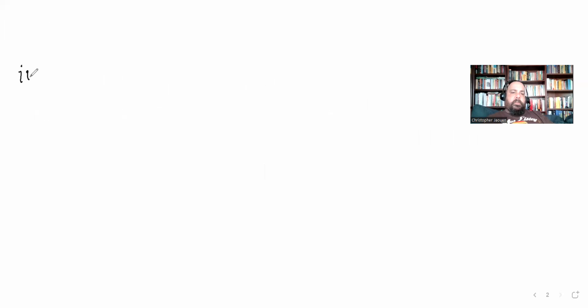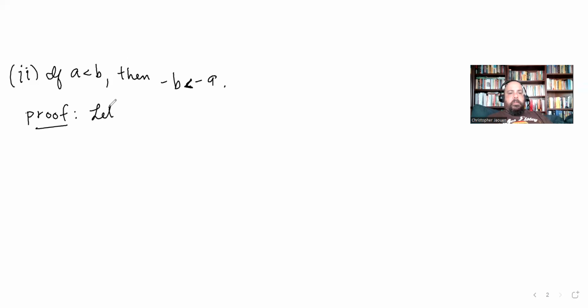Part two says if A is less than B, then minus B is less than minus A. Okay, proof. This one will also be a direct proof. Let A less than B. Then B minus A is positive.